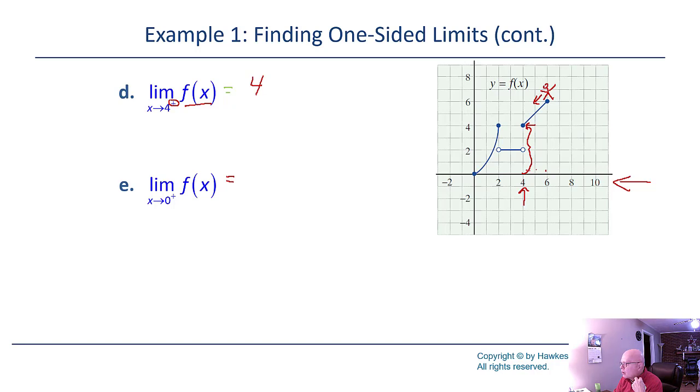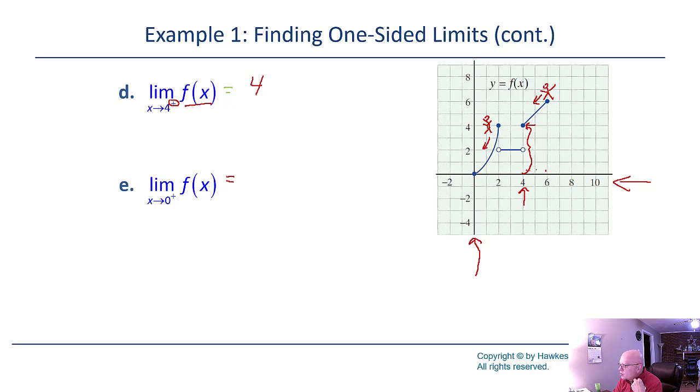So our x value is coming close to x equals 0, which is the y-axis. So we're coming from the right. So now we're starting up here. Here we are.